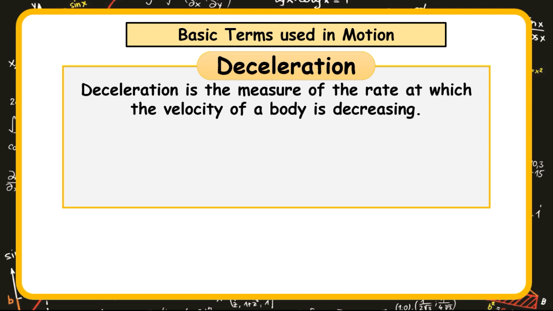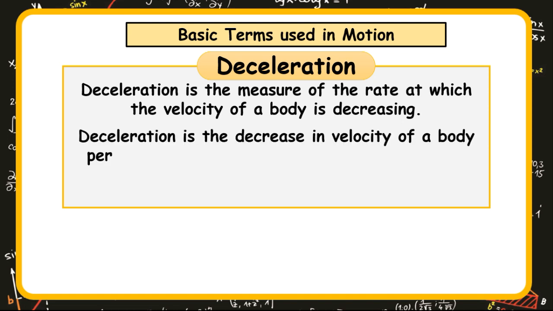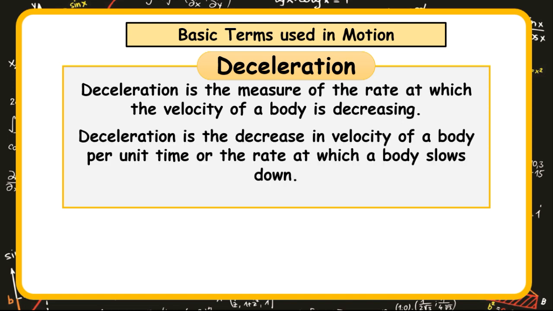So when the final velocity compared to the initial velocity is decreasing, that means that as the initial moves to final, you record a decrease in the velocity, then that is a deceleration. And this deceleration is also defined as the decrease in velocity of a body per unit time. We can also say the rate at which a body slows down. Simply, deceleration is a negative acceleration. It is a decreasing acceleration as well.